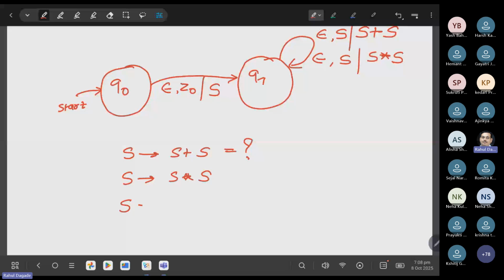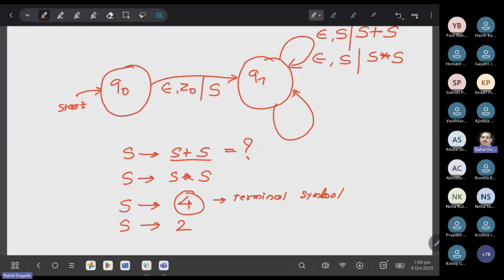S gives 4 means it is a terminal symbol, whereas S plus S is non-terminal. So when 4 is the input and 4 is on stack, then pop it. And when 2 is the input and 2 is on stack, then pop it.